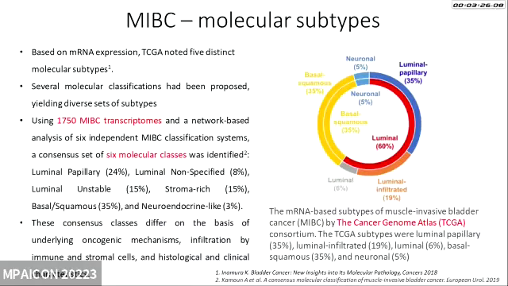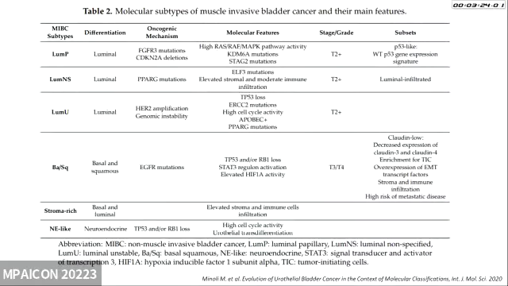Coming to muscle invasive bladder cancers, there are luminal papillary, luminal non-specified, luminal unstable, basal or squamous, stroma-rich, and neuroendocrine.